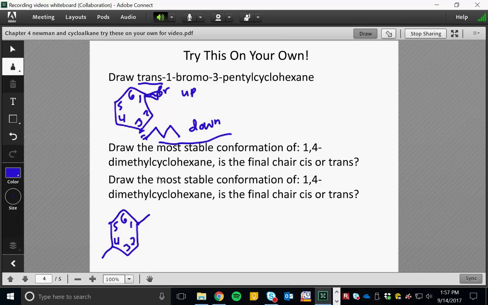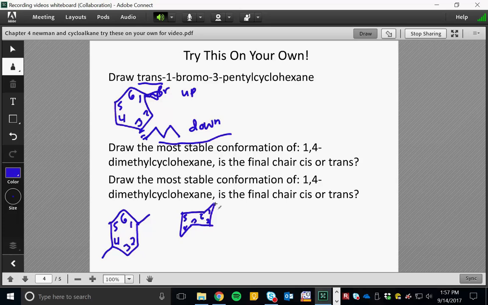It says to draw the most stable conformer of this, do a chair flip, and decide if it's cis or trans. You always want to do a chair flip to evaluate the stability. So I'm going to start off with my right-handed chair here. The top point should always be number 1, and you always number clockwise. So 1, 2, 3, 4, 5, 6.